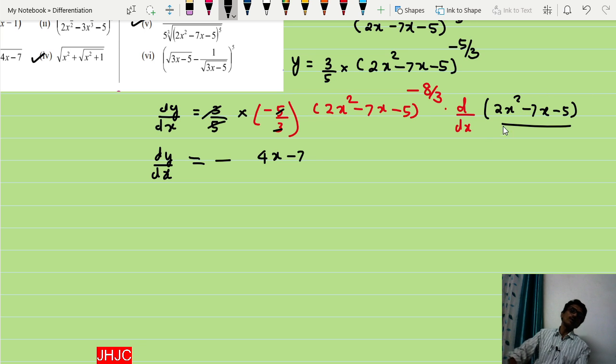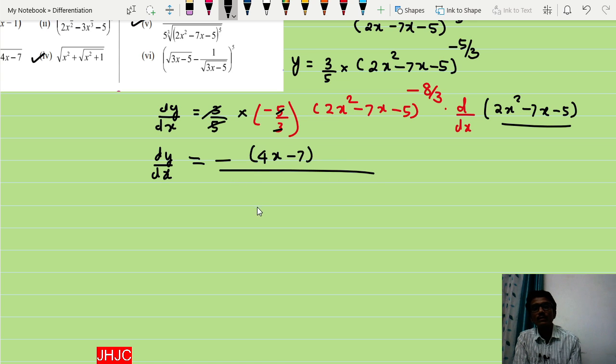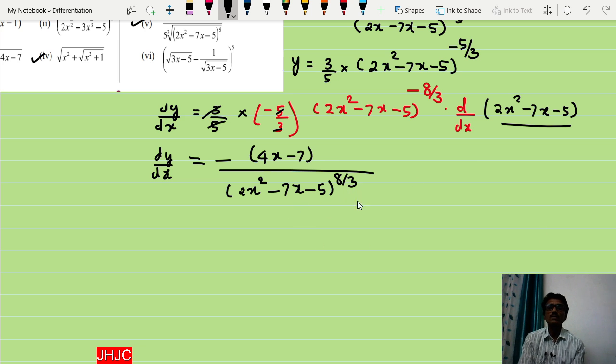Derivative of x square is 2x, and this 2, and the derivative of this is the derivative, and this will go in the denominator. So it is 2x square minus 7x minus 5 and whole raised to power 8/3. Yes, this is the answer of this question.